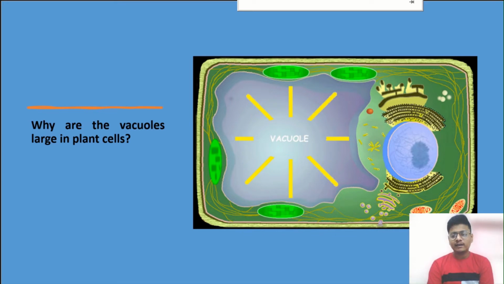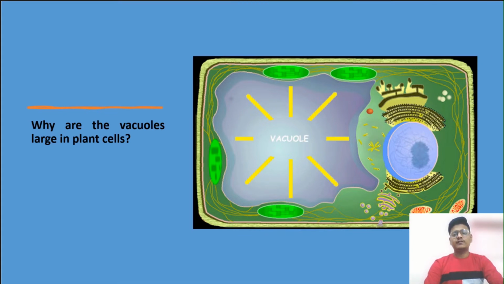Water is collected in this large vacuole, providing rigidity to the plant, and without sufficient water it will not maintain the shape of the plant. So the two main things maintaining the shape and structure of plants are the cell wall and this large vacuole.